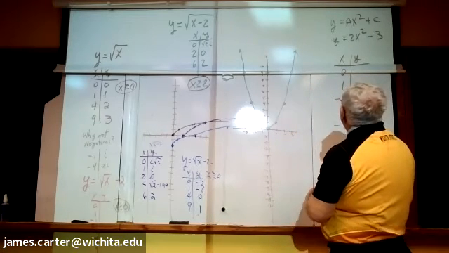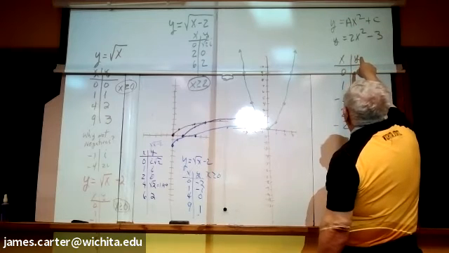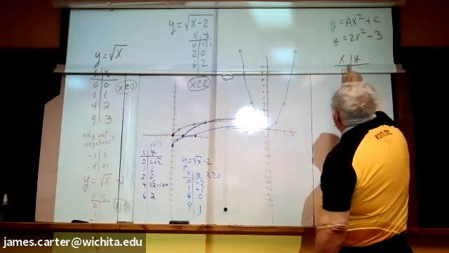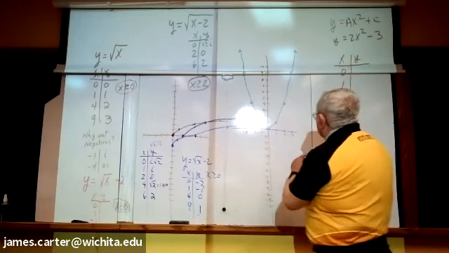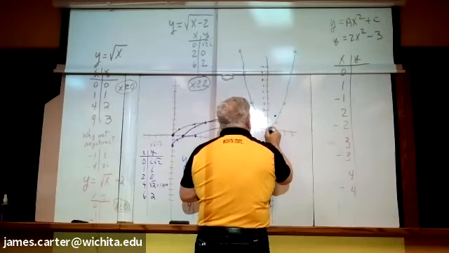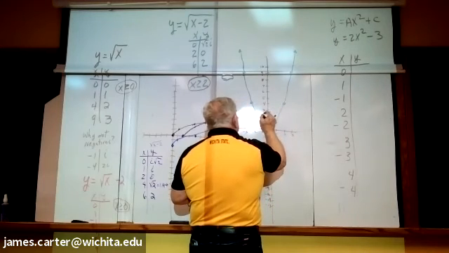So I don't have anything inside with the x squared. I've got the 2 on the outside, which is going to double all the y values. So this one's going to be a 2. It'll start here again. And this one's going to be at 2.